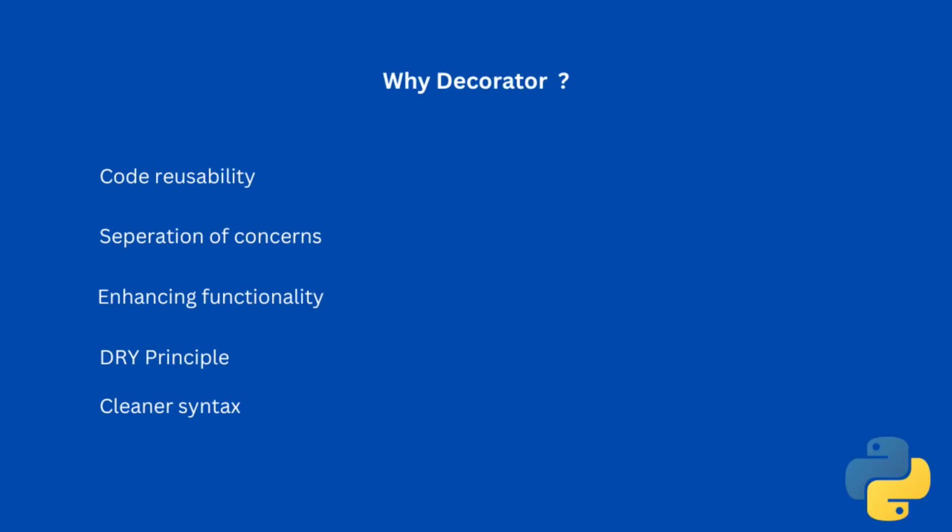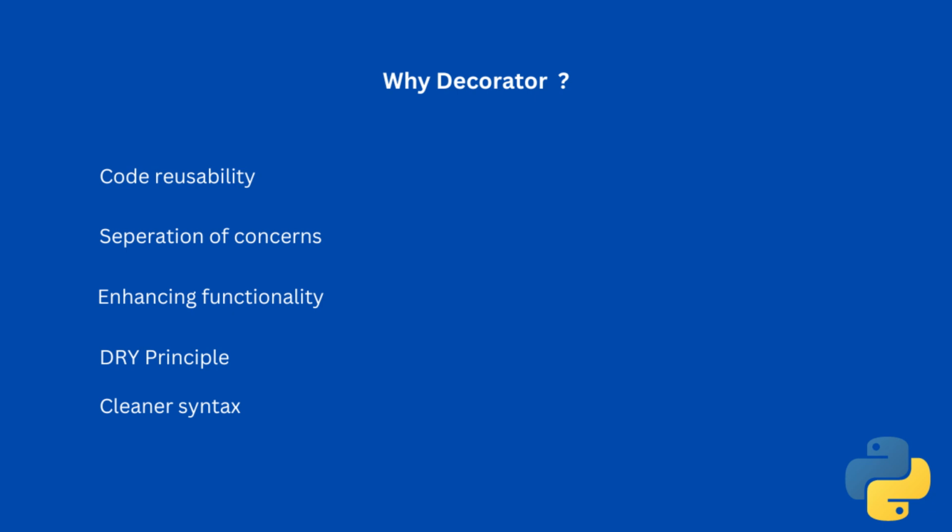Why are decorators so important? Here I list out some of the points. First one is code reusability. Decorators allow you to reuse code for adding common functionality across multiple functions or methods. Second one is separation of concerns. Decorators help in separating different concerns or functionalities from the core logic of a function. Third one, enhancing functionality.